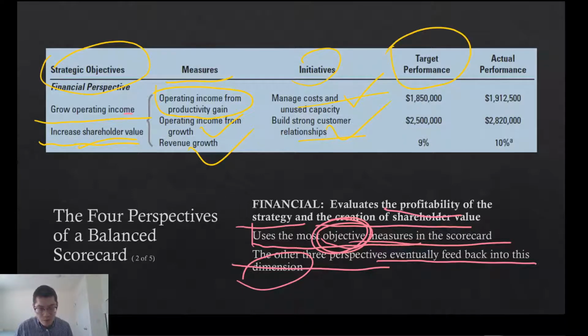We have a target performance, which means for any of these four elements, we are always going to have a benchmark to compare with. We have our actual performance and we have a target performance, which is our benchmark.